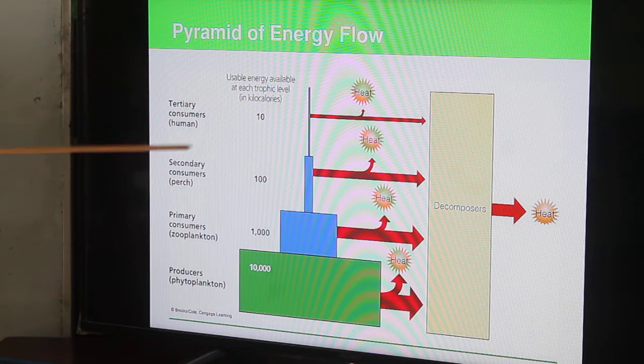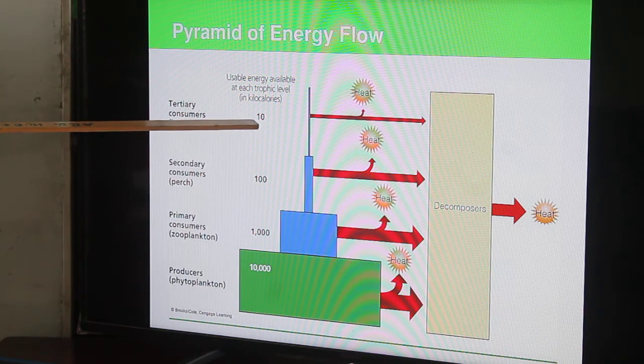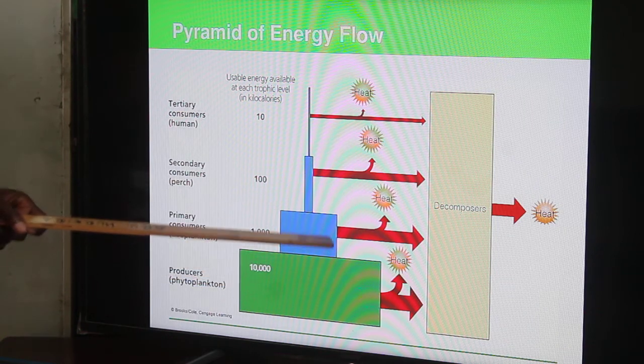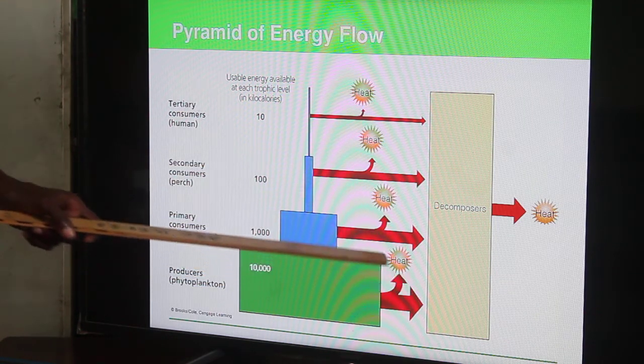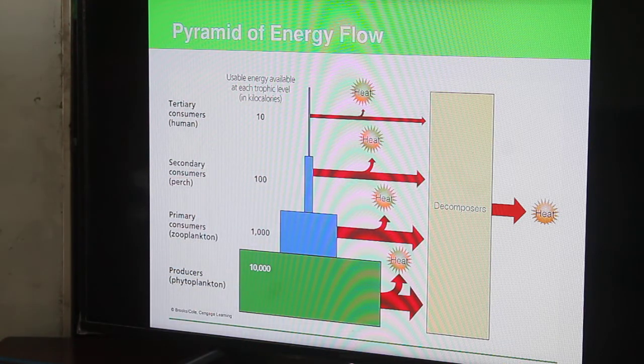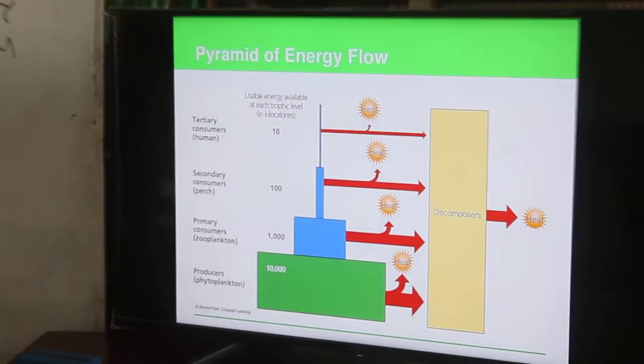A human being ends up with only 10 kilocalories out of the 10,000. So from one level to another, there is obviously the loss of energy in form of heat, which is affected by the process of respiration. There is also excretion and defecation as a process.